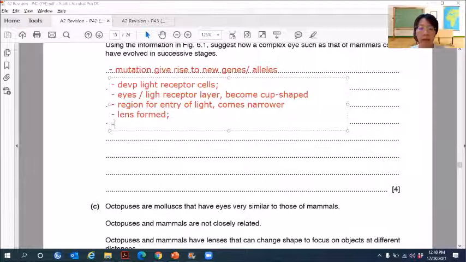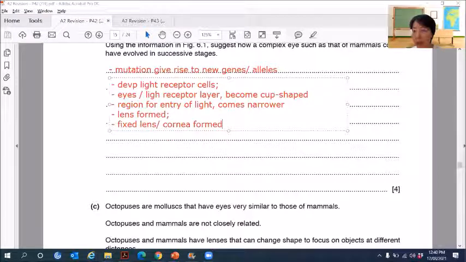And then after that, you have a fixed lens, which is actually the cornea, also formed. So this is showing the different stages of development. Okay, so they ask you to show the different successive stages of development in sequence like this.